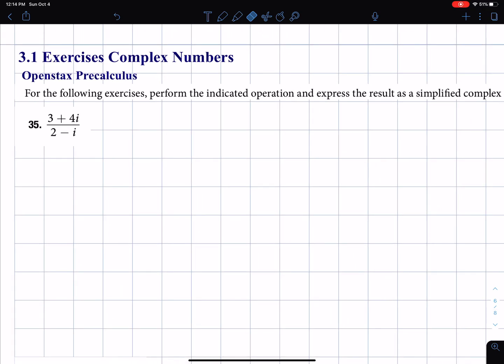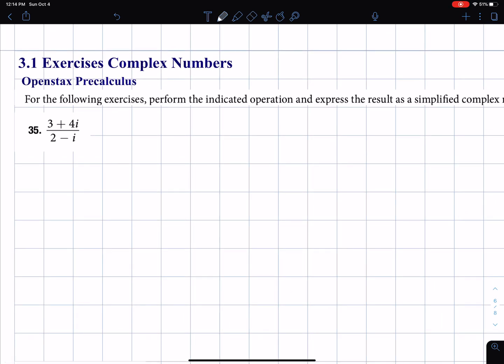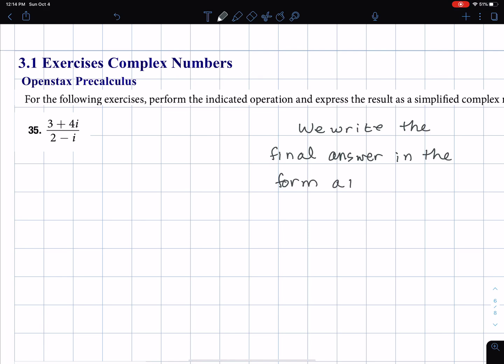The idea is that we want to write our final answer in the form a plus bi. That's our standard form, where a and b are real numbers.